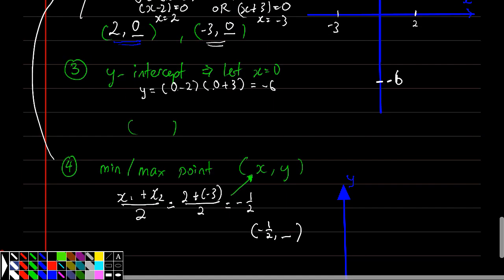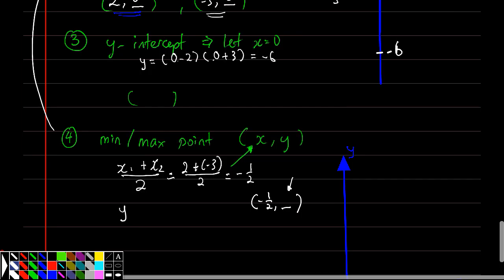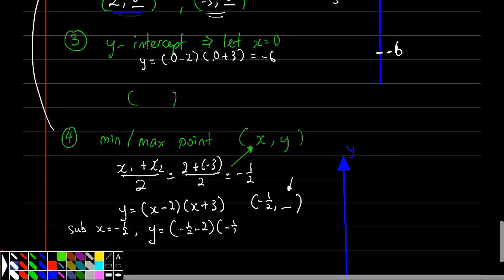Now how do I find this value of y? Very simple. I just need to substitute into the equation. Now let me write my equation here. Y equals x minus 2, x plus 3. So I need to substitute x equals negative half, and then I will have the value of y. So this is negative half minus 2. This is negative half plus 3. Now I press my calculator.